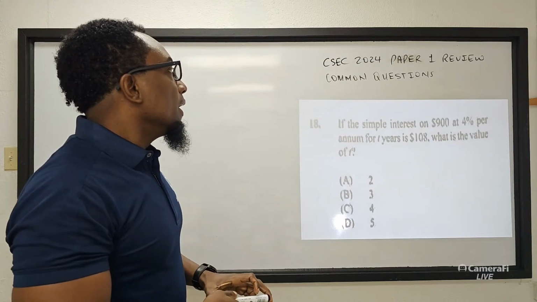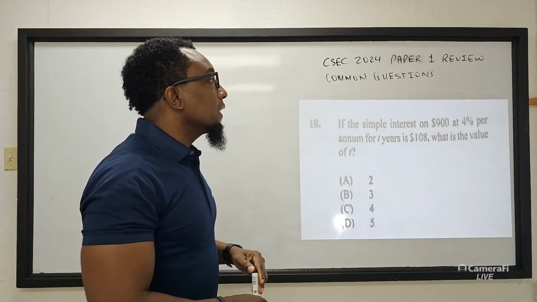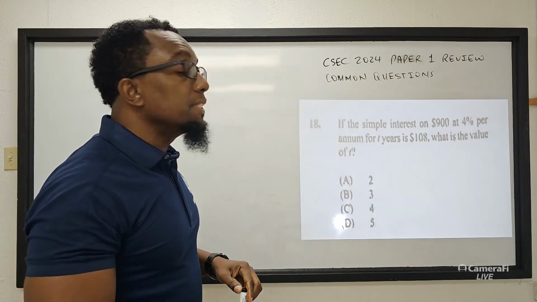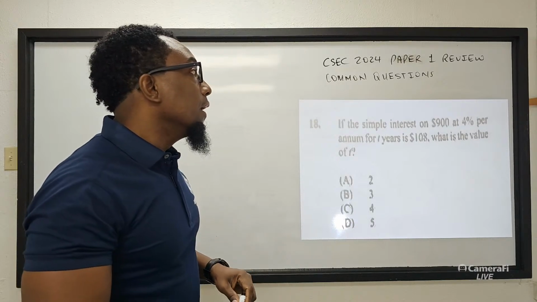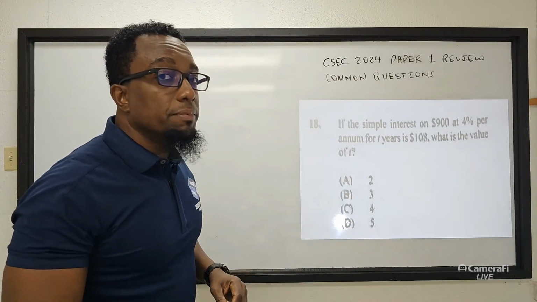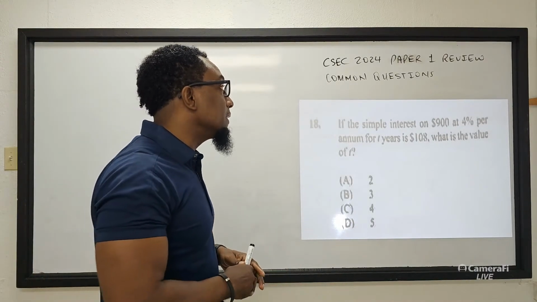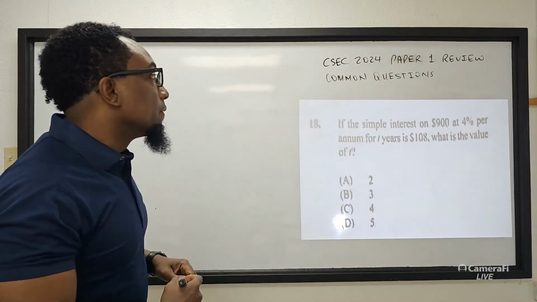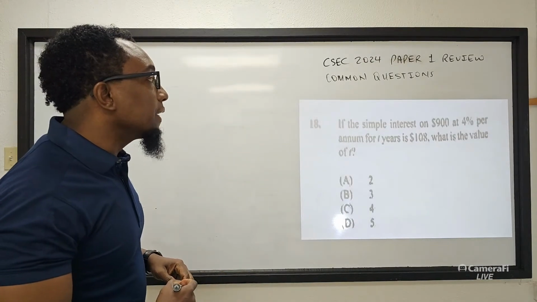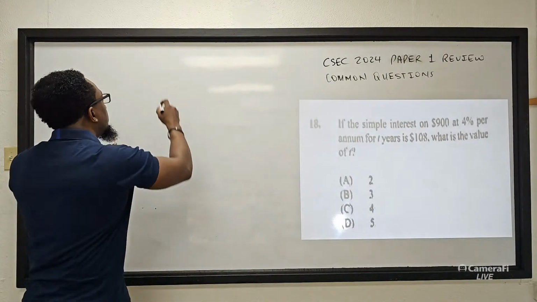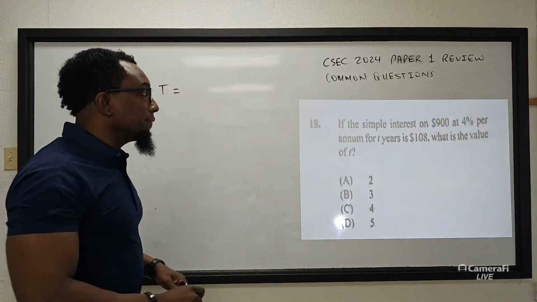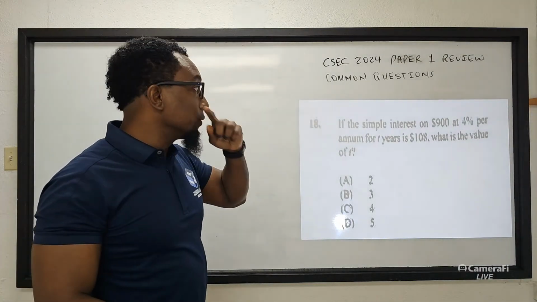Right. If the simple interest on $900 at 4% per annum for T years is $108, what is the value of T? What is the time taken? So to find time, it's very important for us to know this, because I like to bring these simple interest questions.